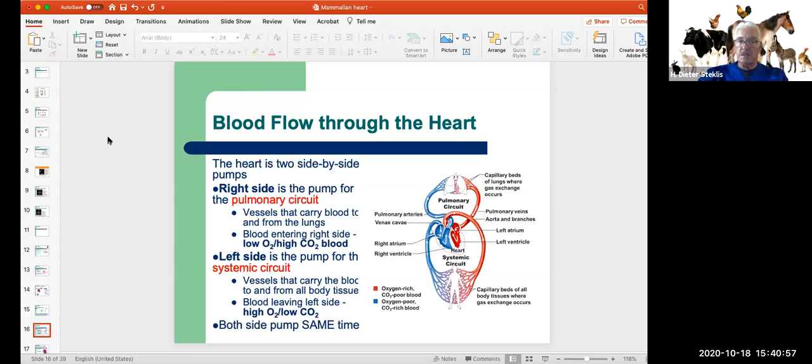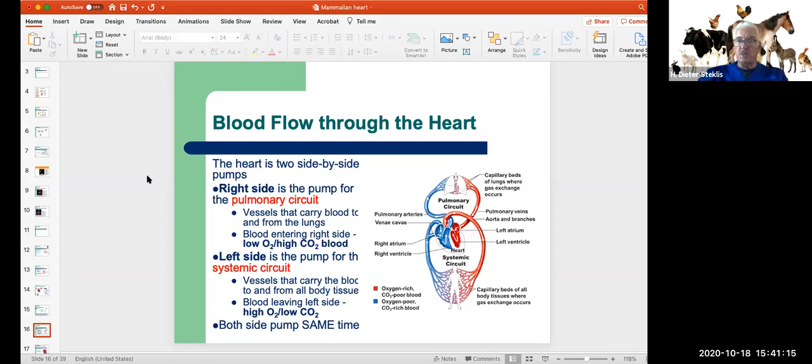So think of the heart as really two side-by-side pumps. You have the right side and you have the left side. You think of the right side of the heart as the pulmonary circuit, and the left side as the systemic circuit.